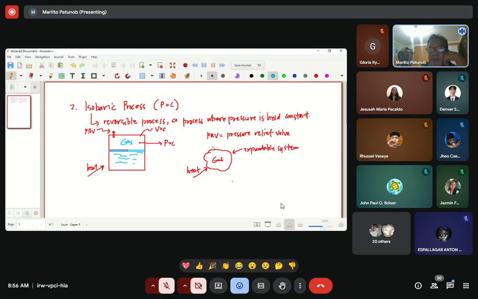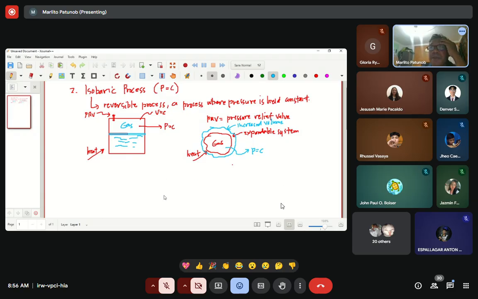This particular system can increase its volume, thus maintaining the pressure to be constant. Okay. So the process is called isobaric.